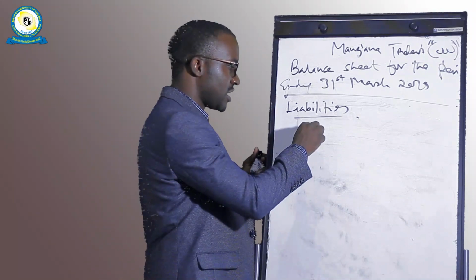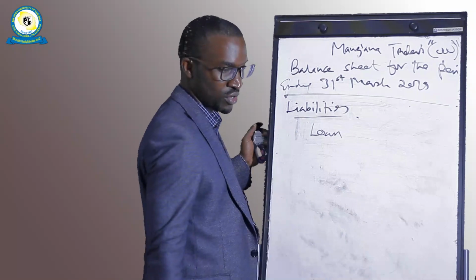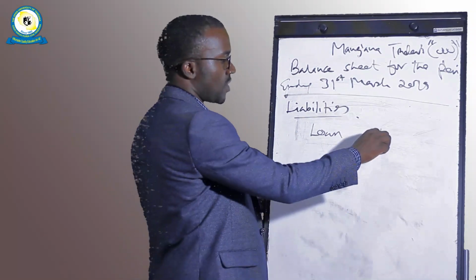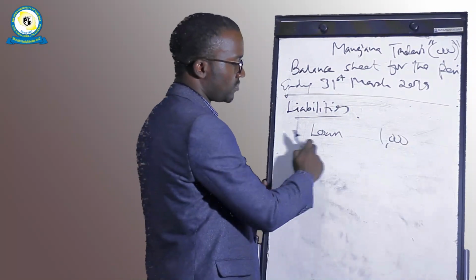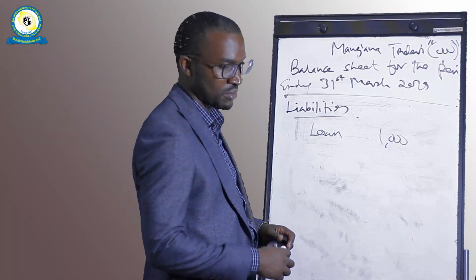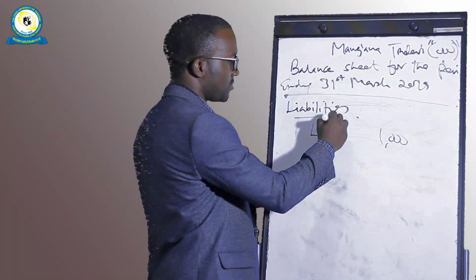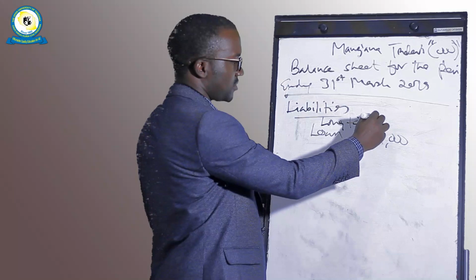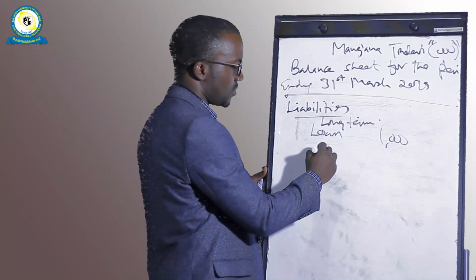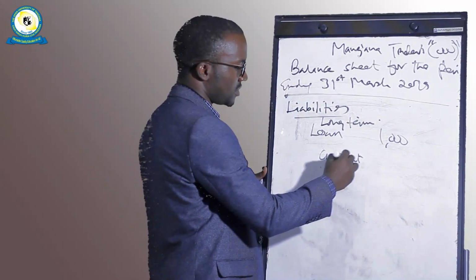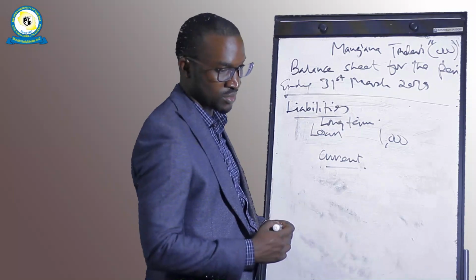Now for our case, I remember you have a loan. We have a loan figure there, a loan of 1,000. So that is a long-term liability. You don't have any other long-term liabilities.